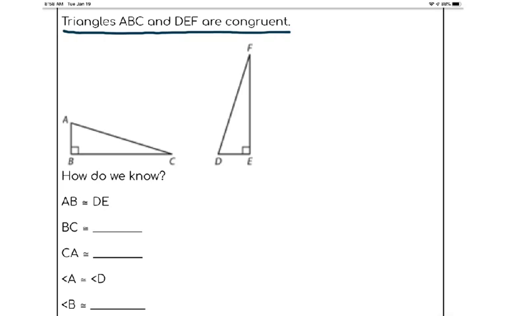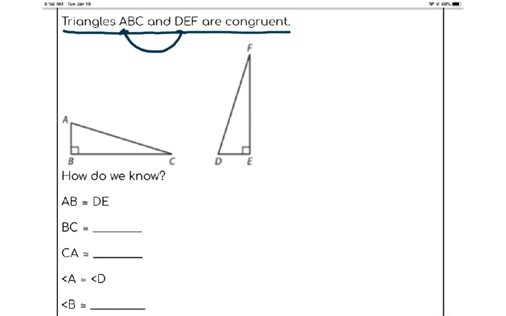Notice how A is the first letter and D is also the first letter, so we know that angles A and D will be congruent. That's a helpful hint when you're trying to determine if figures are congruent. We're saying that these two triangles are congruent, but we can't just say that without a little bit of background.